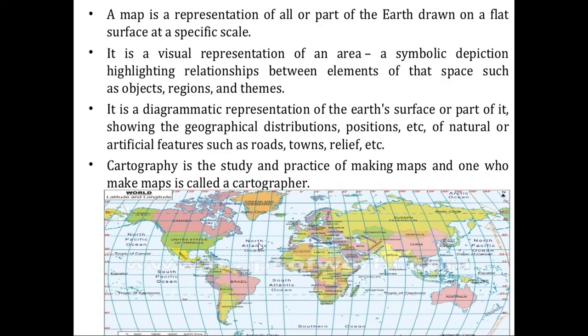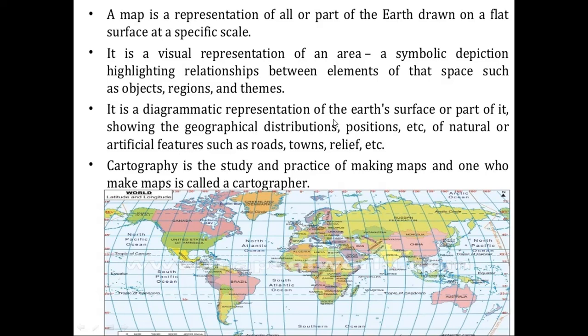So different areas are highlighted with different symbols. That's why it gives the relationship between the space and regions, objects and themes. So it gives a visual representation of the area.